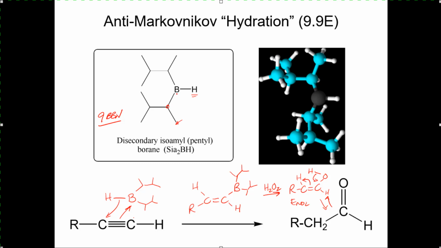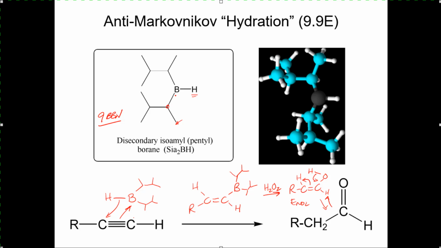So there's lots of ways to do this, but my focus is on some of these basic principles that we've used this semester in terms of thinking, okay, if I want to take advantage of steric hindrance and my one reagent isn't sterically hindered, make the other one sterically hindered so that way I can take advantage of steric hindrance. And that's exactly what the SiA2BH does, or 9BBN does as well.